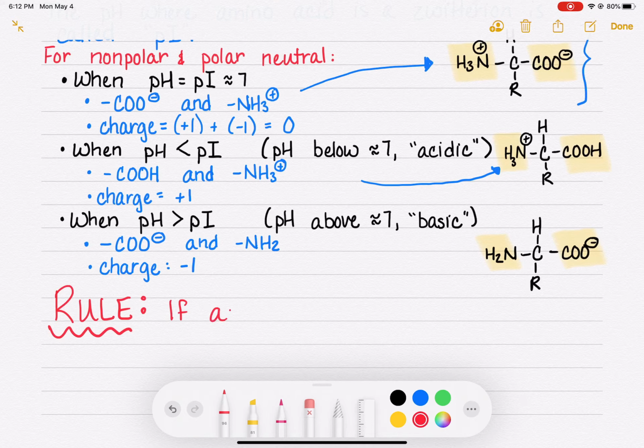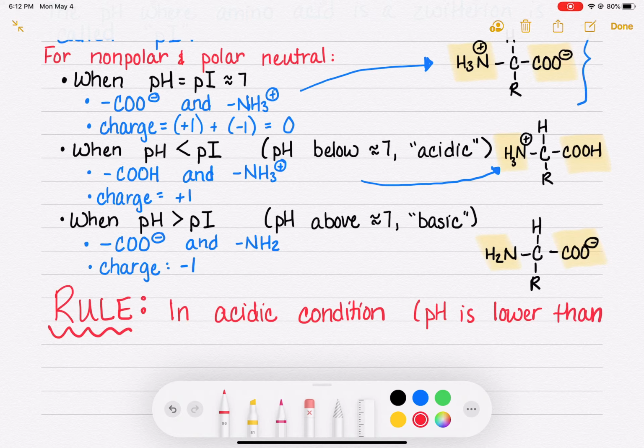In acidic conditions, so when the pH is more acidic than the PI, the pH is lower than the PI, the structure that we're going to draw will only have positive charges allowed.